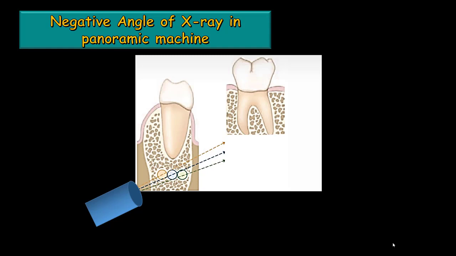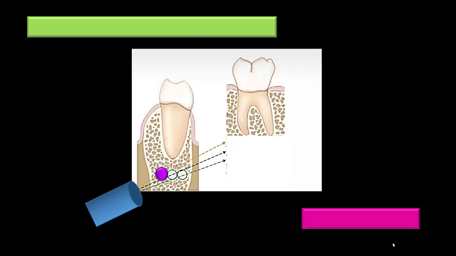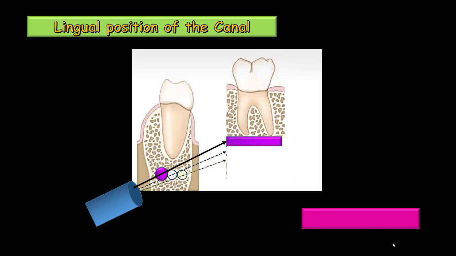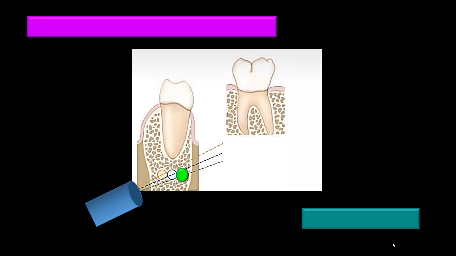Let's put it this way. We'll put the apex of the molar as a reference. If the inferior alveolar canal is on the lingual side of the apex, when the X-ray angle is negative, the canal is going to be imaged higher and closer, or even on the apex, than its real position.